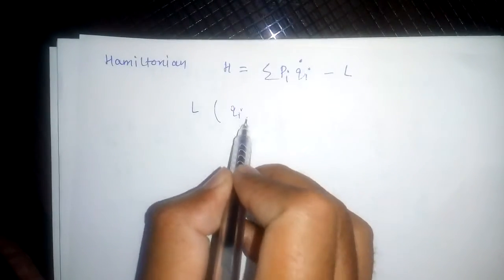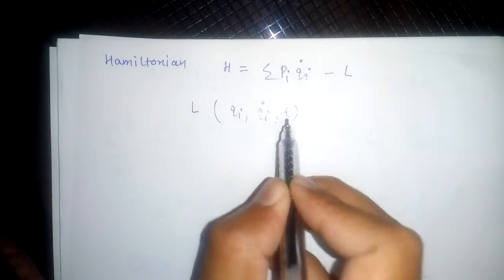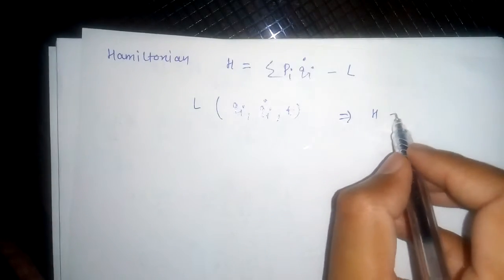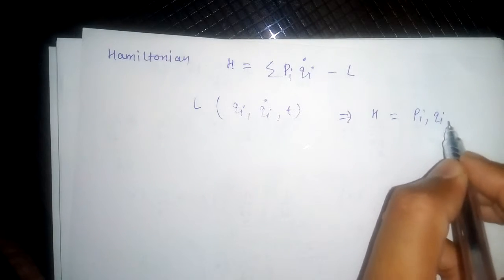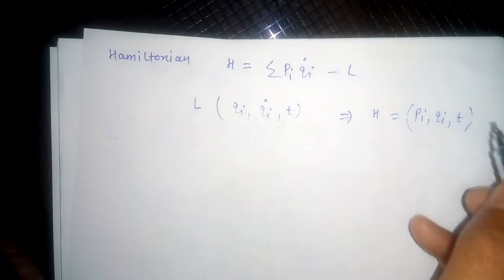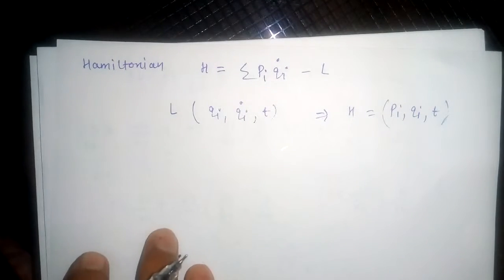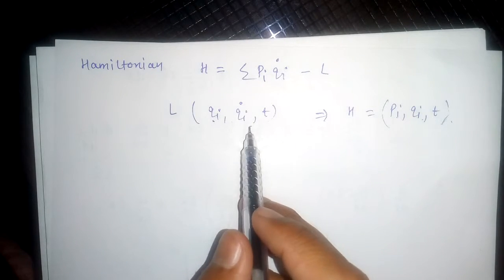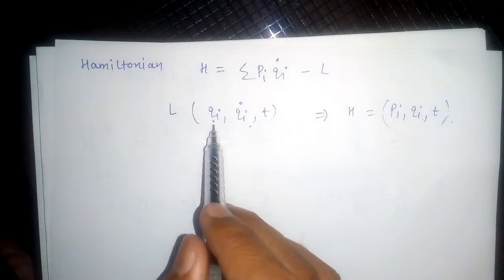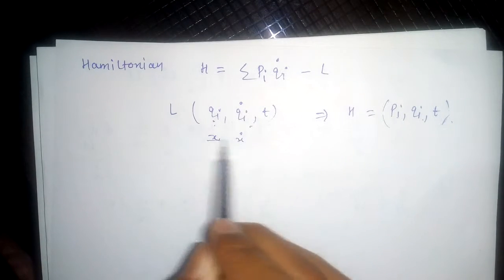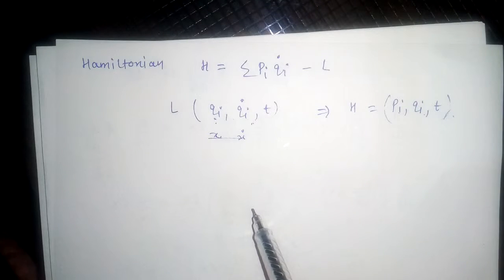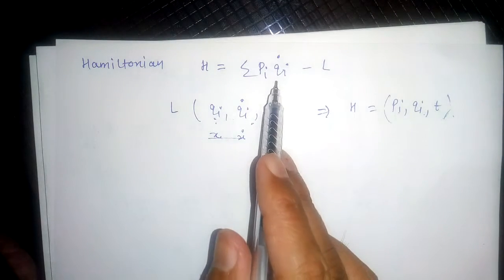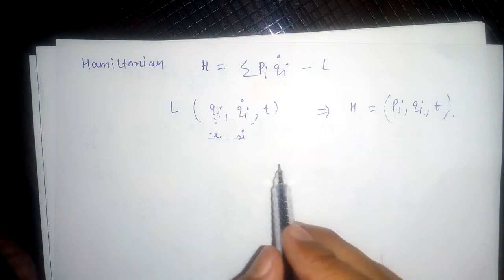Let's say we have a Lagrangian which depends on qi, qi dot, and t, then the Hamiltonian will be written in these parameters and the Lagrangian should be here. qi are the positions and variables we can say. In our last case I have taken the x, so I am considering the generalized case. And what is qi dot?